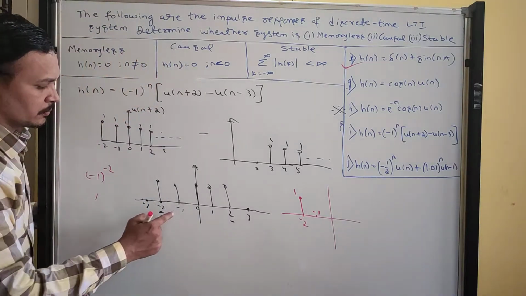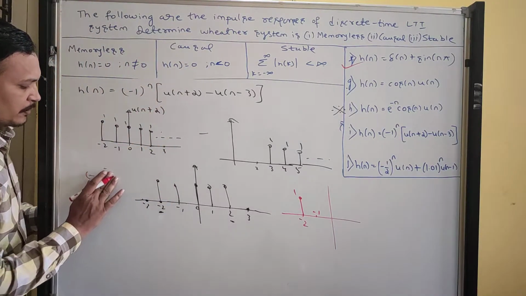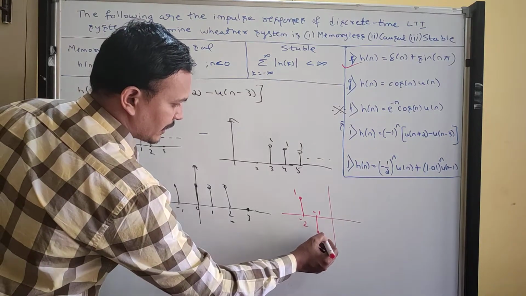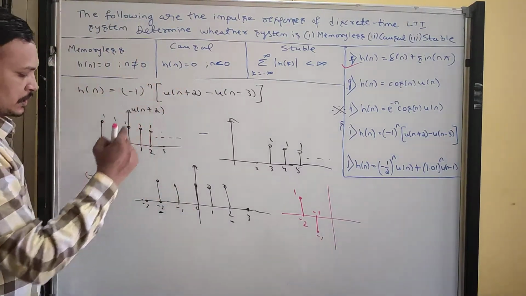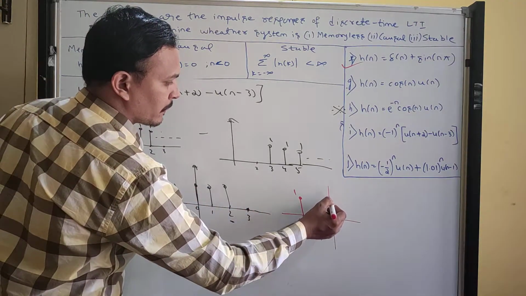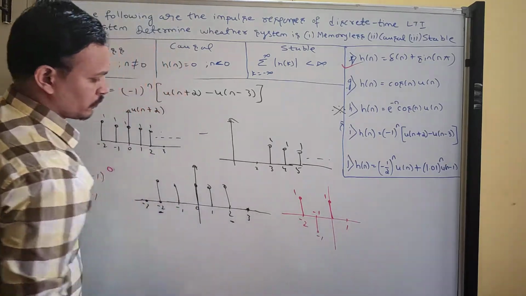Next at -1, put n = -1: you get -1 only. So we got -1 there. Next put n = 0: (-1)^0 is 1 only. Next put n = 1: (-1)^1 is -1.